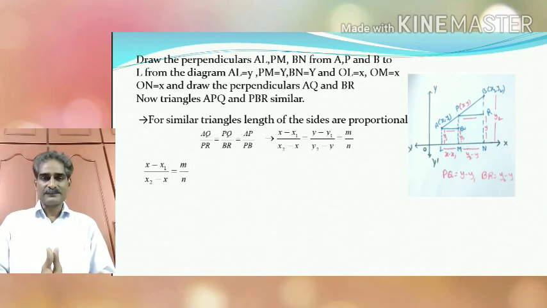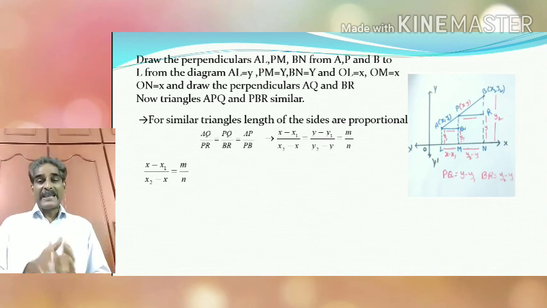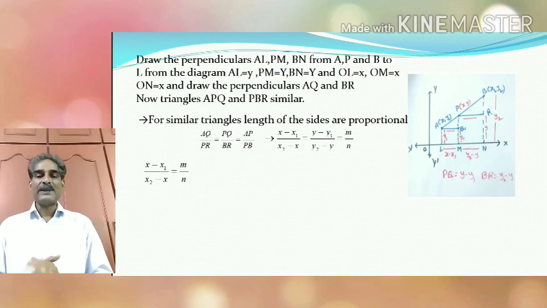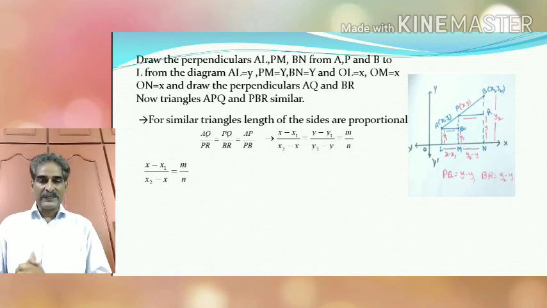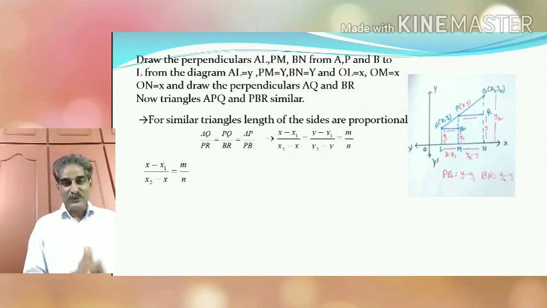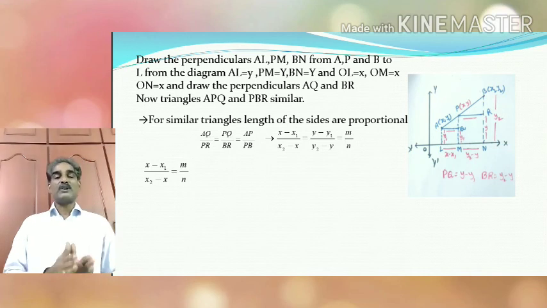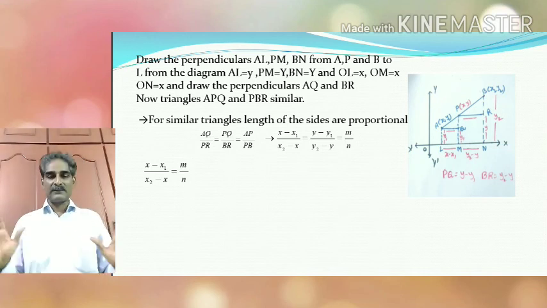That means AQ by PR is equal to PQ by BR is equal to AP is to PB. That means x minus x1 by x2 minus x is equal to y minus y1 by y2 minus y is equal to m by n.